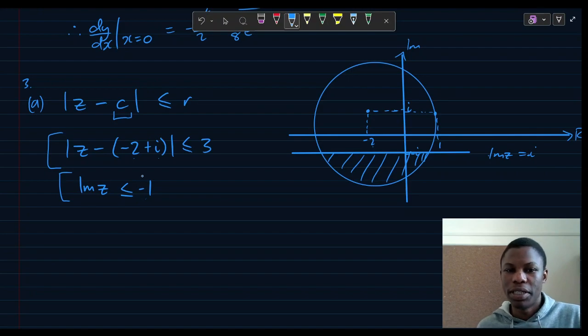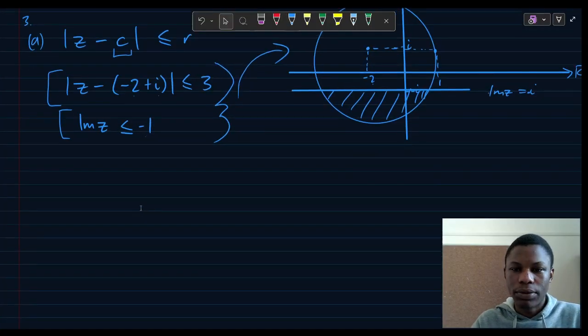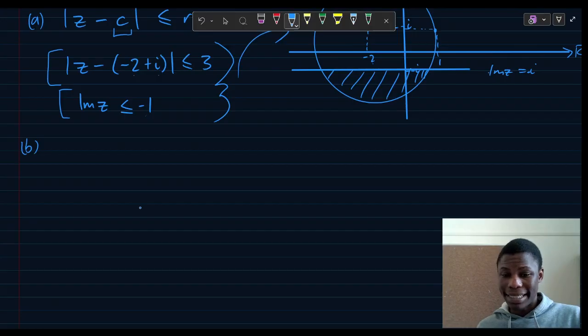Typically they would give you these two inequalities and ask you to produce the Argand diagram. But this time they've given it in reverse. Part B says, find the greatest value of mod z, the modulus of z, for points in this region.